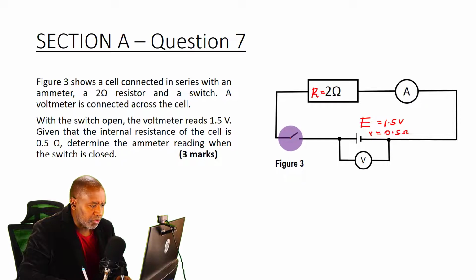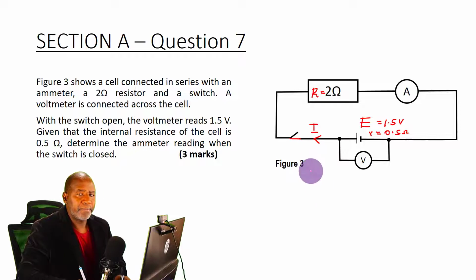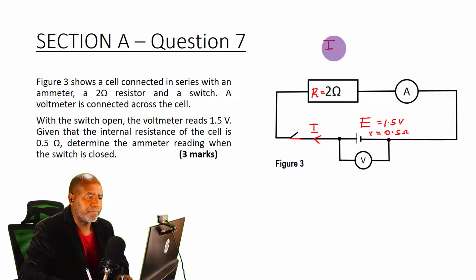So we are going to close the switch, and now current will flow in this circuit. This is I. Now this current is worked out like this. I is usually given by the EMF over the total resistance in the circuit, which is internal resistance plus the external resistance.